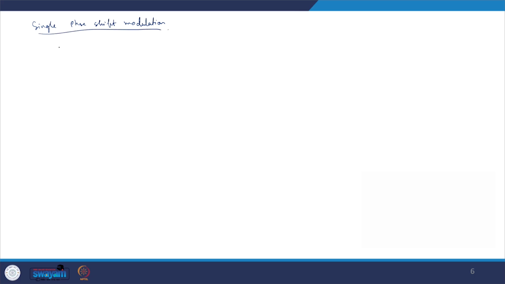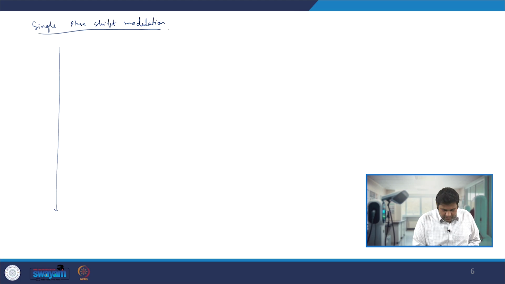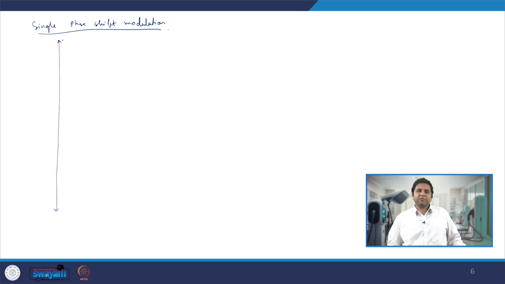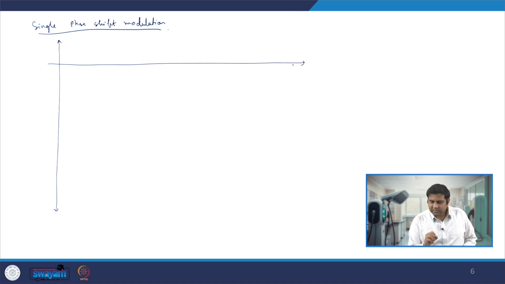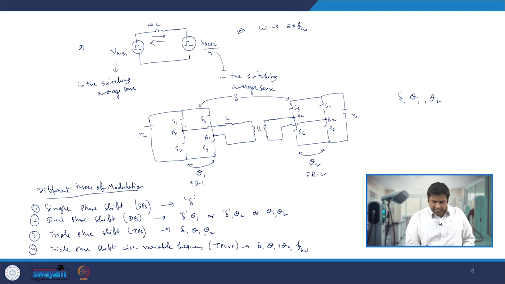Now in this, let us try to draw the waveform, because from that we will understand our circuit and our system. Let us first assume that S1 and S4 are turned on at the same time and turn off at the same time. S2 and S3 are turned on and turn off at the same time.